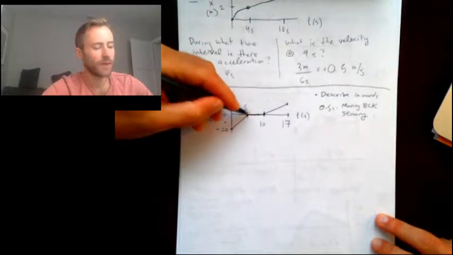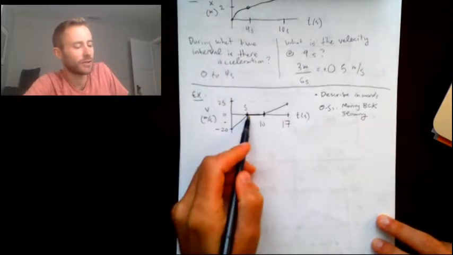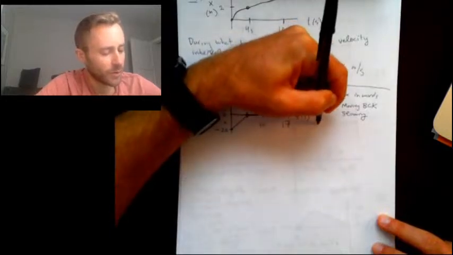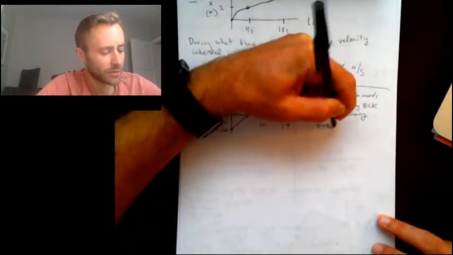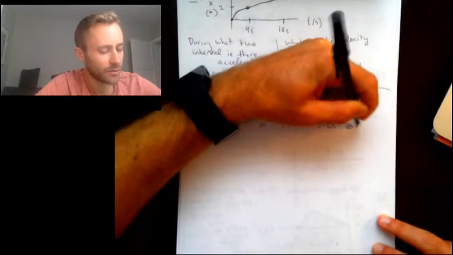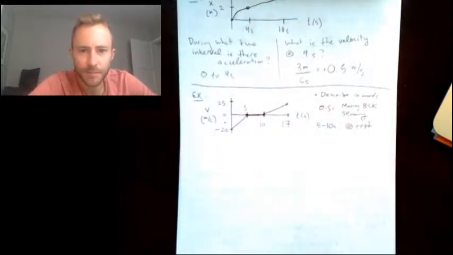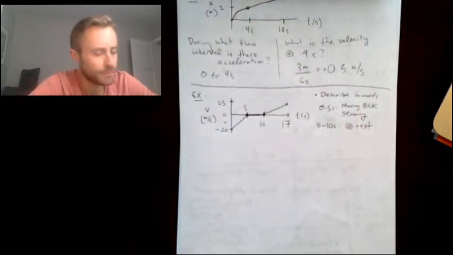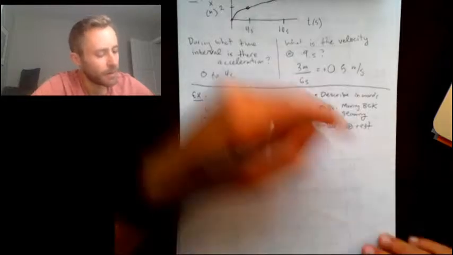What's happening between 5 and 10 seconds? Well, the velocity is stuck at 0. So from 5 to 10 seconds, it is at rest. It's not moving for that entire time period. Okay?